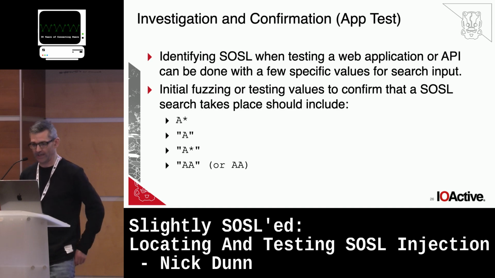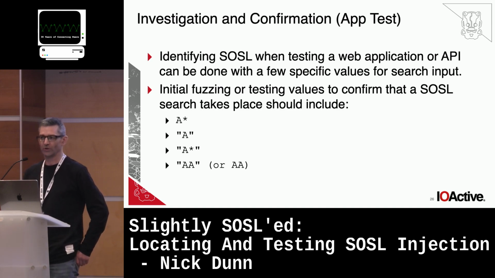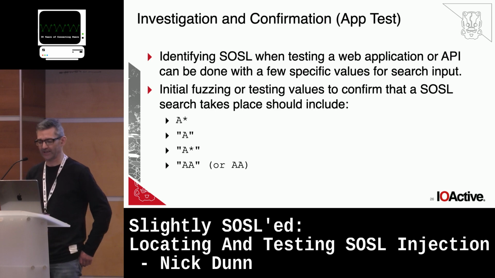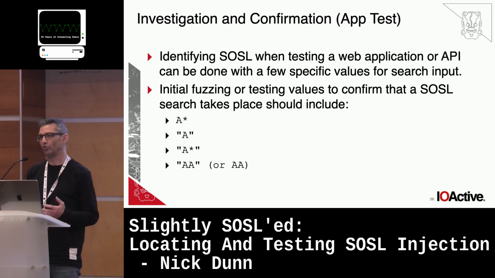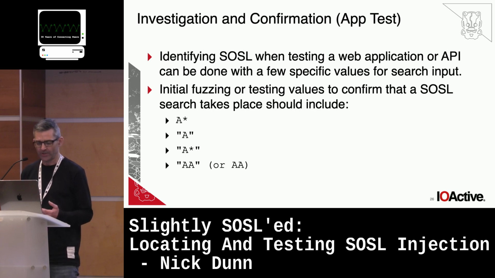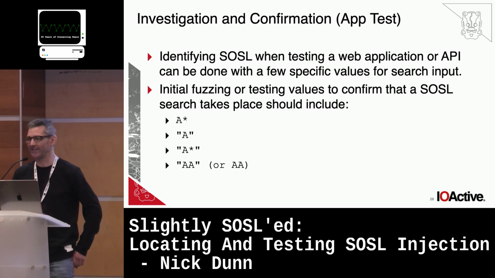Finding this in an app test, you might find a number of search things within an API or the web app test, and it's not immediately apparent which one's a SOSL and which one's a SOQL. These payloads here are the ones that I accidentally discovered how to enumerate with.